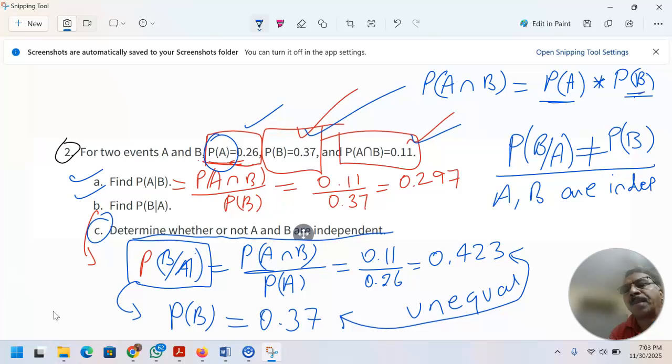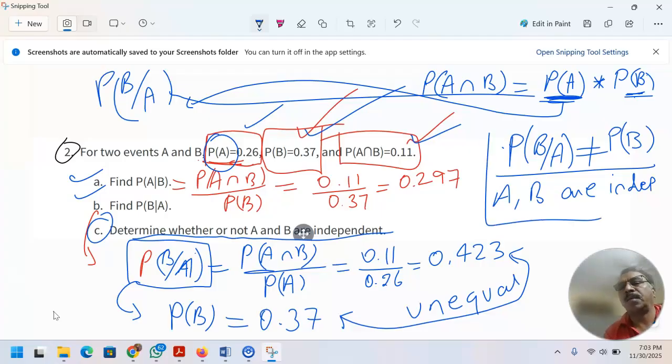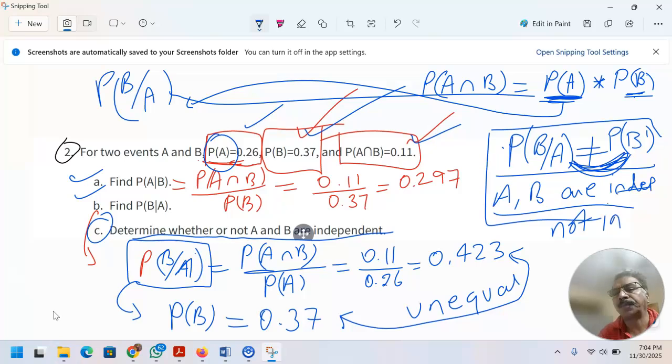That's because this probability is the same as the probability of B when A has occurred; this piece becomes equal here. So in this example, you can see those two pieces are not the same, and because they are not the same, we can say they are not independent. Okay, I hope that's clear. We'll take one more and see how that really works.